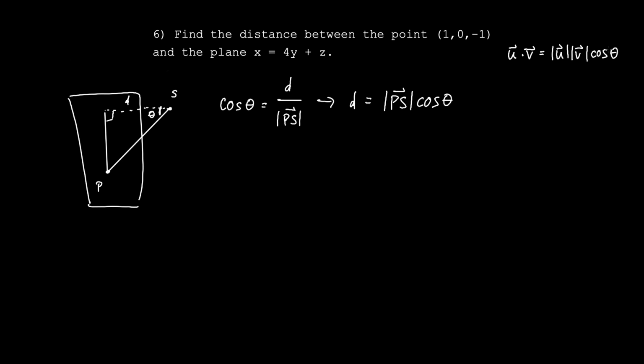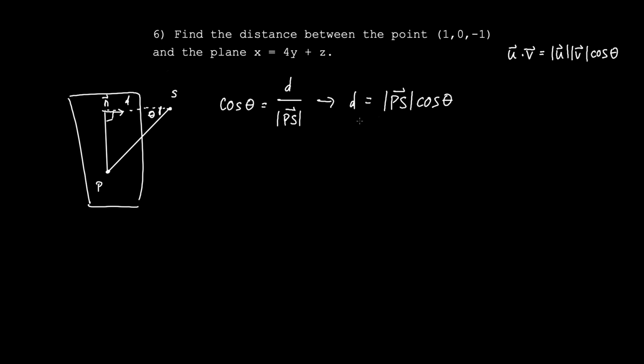So what if we made the substitution here? In order to make the substitution, we need the magnitude of the other vector pointing at it. This vector that points in the same direction as the line D is actually the normal vector to the plane. So we will use that to our advantage.